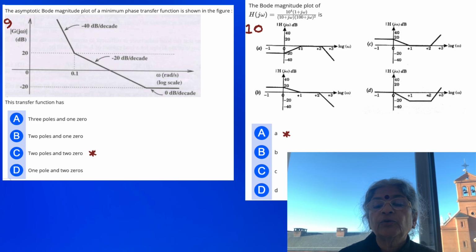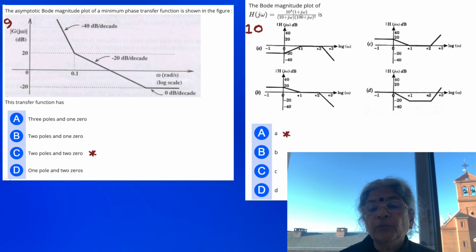One is at omega equal to 10, another is at omega equal to 100. The dimensional compatibility needs to be abided by all the time. When you take the logarithm at 1, it's 0. At omega equal to 10, it's going to be 1. At omega equal to 100, it's going to be 2, and that has multiplicity.